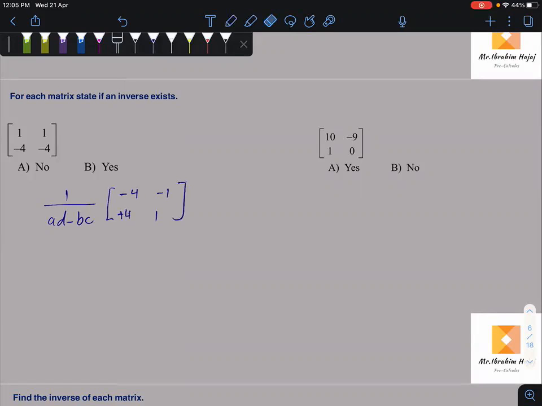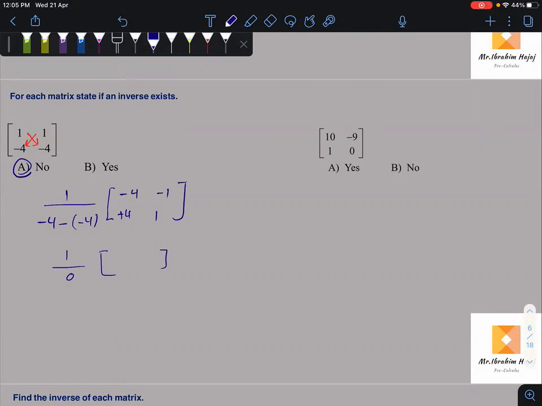So how to find ad minus bc? If you remember, guys, we just cross multiply like this. So 1 times negative 4 is negative 4, and then minus 4. So this is equal to 1 over negative 4 plus 4, which is 0. Okay. So 1 over 0 is undefined, so it doesn't have an inverse.